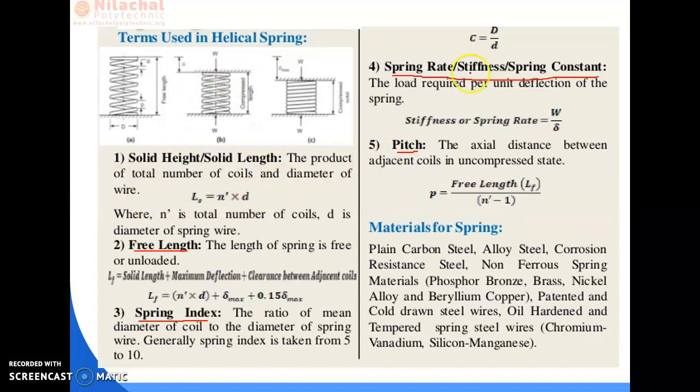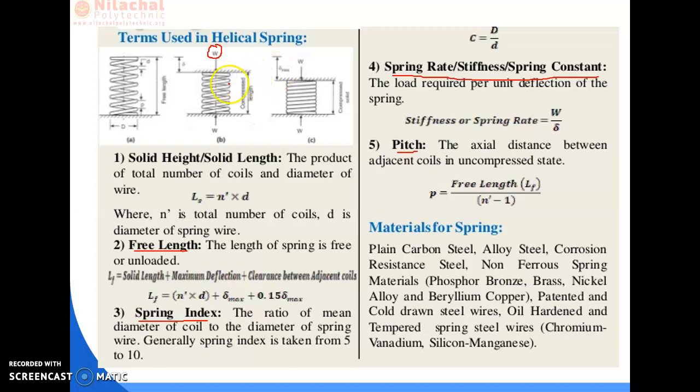To understand these terms, let us consider a helical spring. In figure A, the spring consists of a number of turns. Now in figure B, a compressive load W is applied, which causes the turns of the helical spring coils to close toward each other.